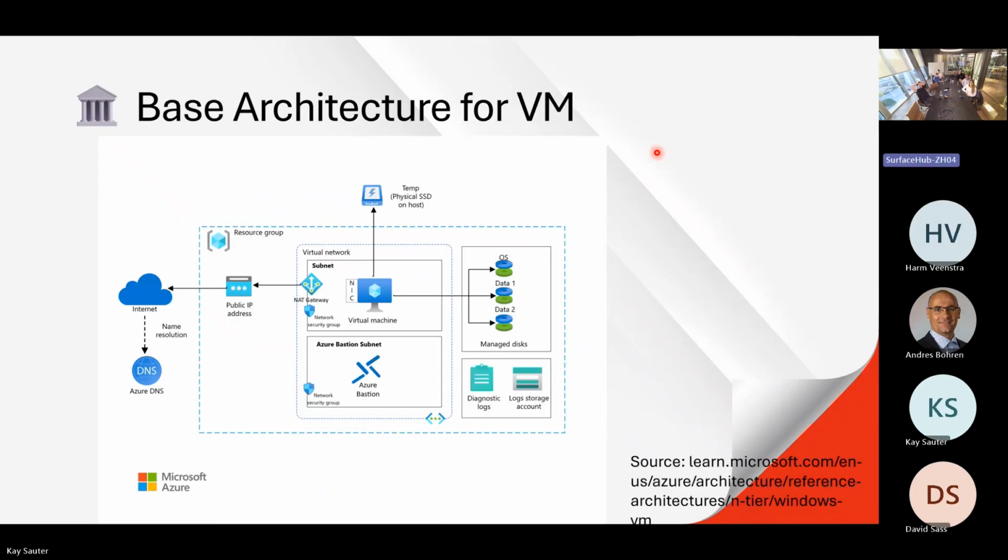So if you deploy a new VM, we will first get something called a resource group. A resource group is just a grouping mechanism in Azure. If you deploy objects, there could be many objects, for example a virtual network, network security group, virtual machine, Azure Bastion, disks.